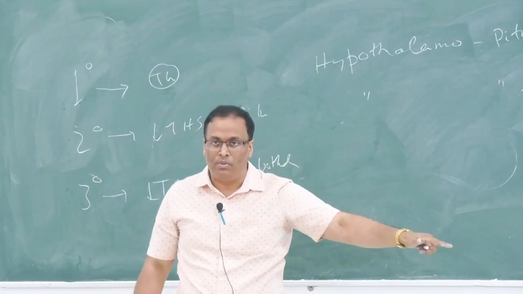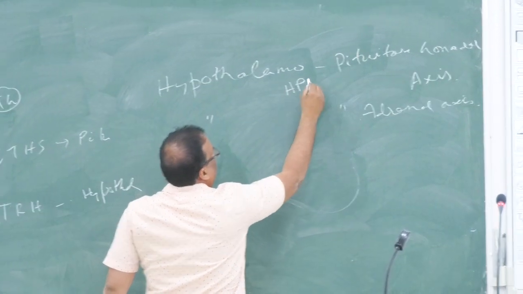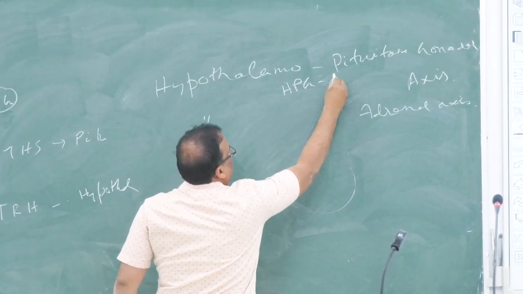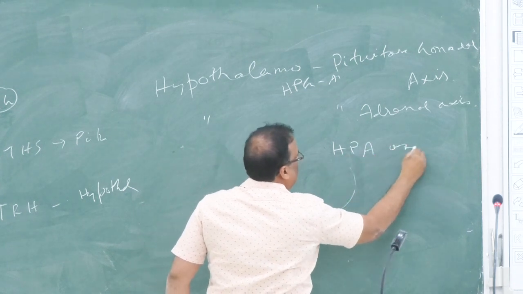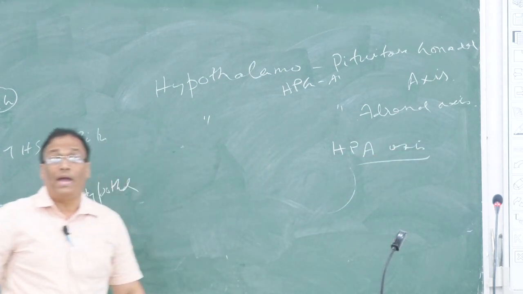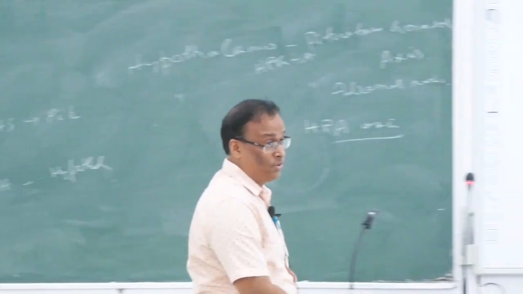That is also possible. So this is called in short the HPG axis, and this is the HPA axis. In this way we can go on with axes. This axis is very important for the menstrual cycle also.